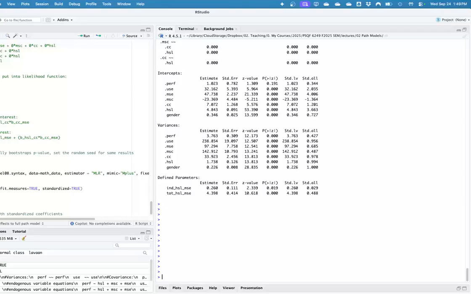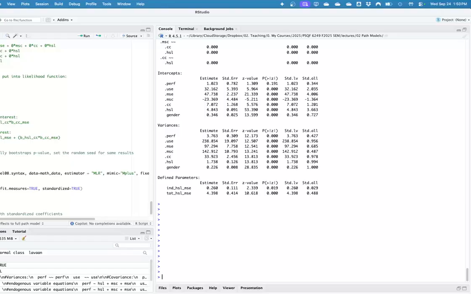We just have to remember that this is the indirect effect and what the mediator happens to be. Same with total. The total effect we calculated with slides, but here it is in lavaan, 4.398. That means as HSL goes up 1, MSE goes up 4.398 points in total.